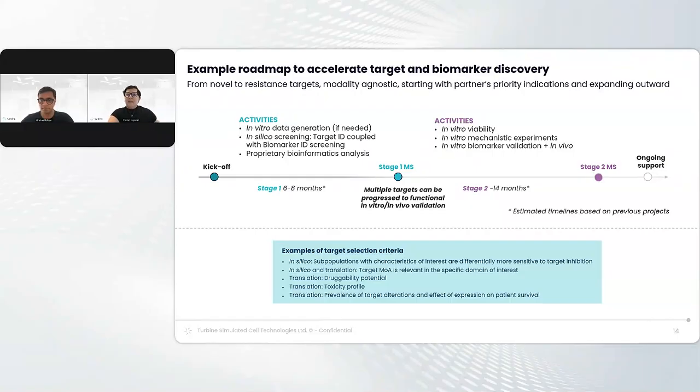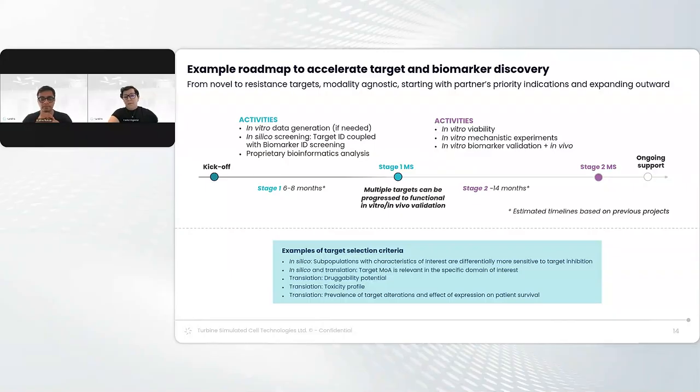And once we have this target data package, we can also assemble an experimental validation plan. The aim there is to get conclusive validation data based on the simulation data from as low a number of wet lab experiments as possible.